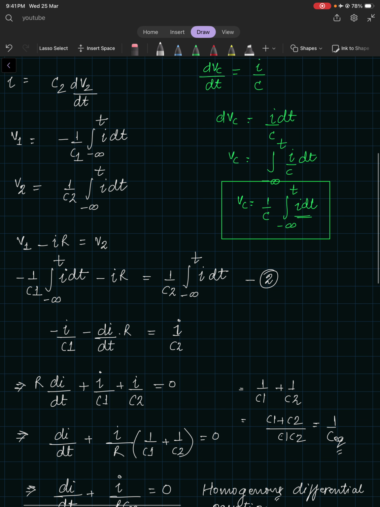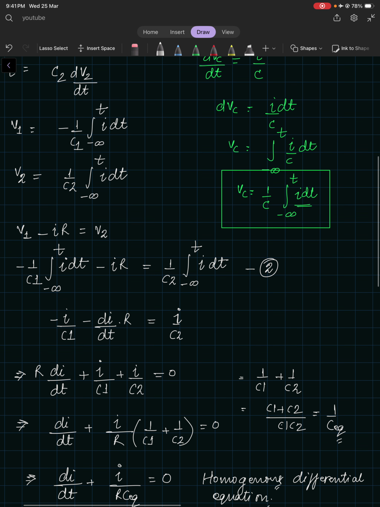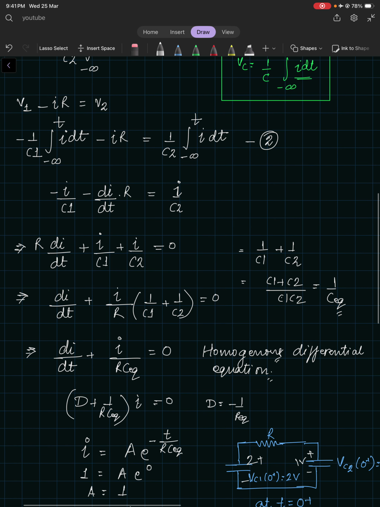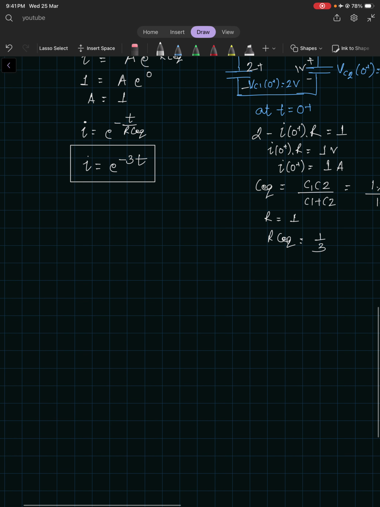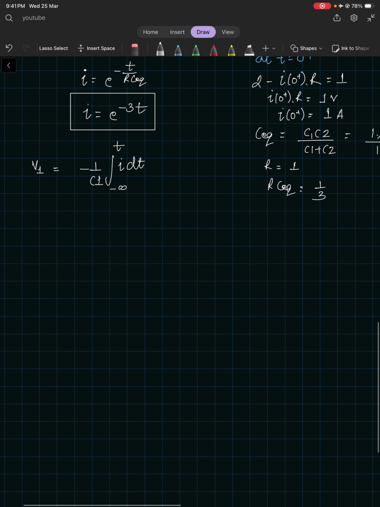Let's go for v1 and v2, which come directly from integration. v1 is equal to minus 1 by c1 integral of I dt from minus infinity to t, right? Let's solve this and we will get the value of v1.